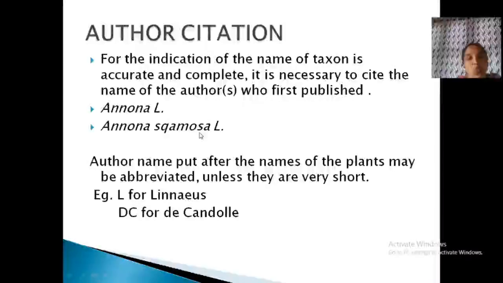See, Annona squamosa by Linnaeus. The author name is put after the name of the plant and may be abbreviated, unless it is very short. Linnaeus is L., then de Candolle is DC. Likewise, when you go through Gamble's Flora, you can clearly observe the different authors and how they are abbreviated.